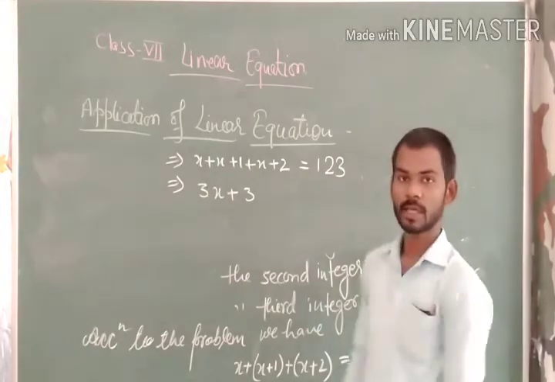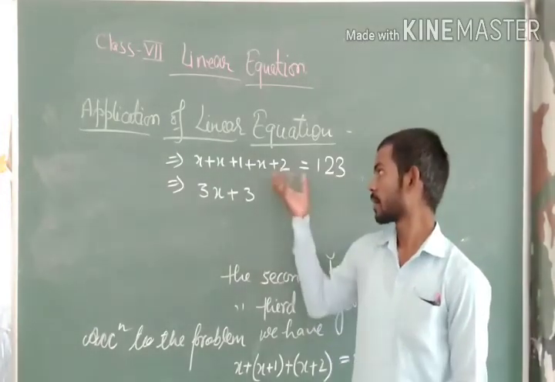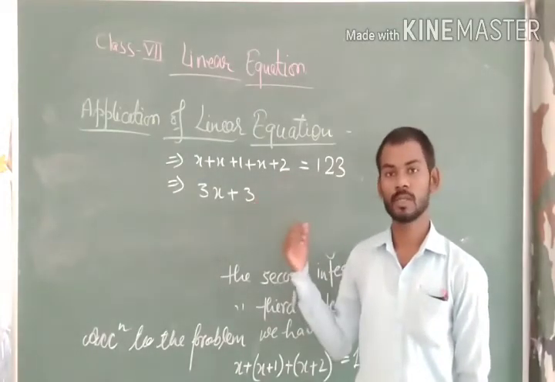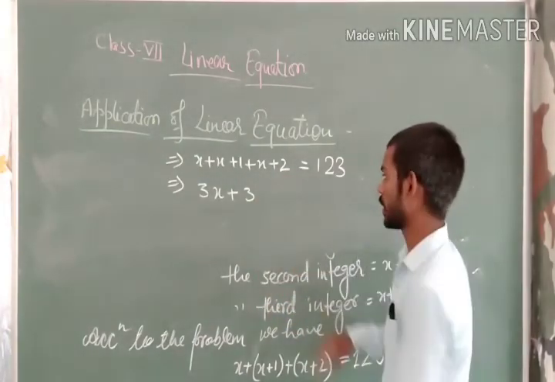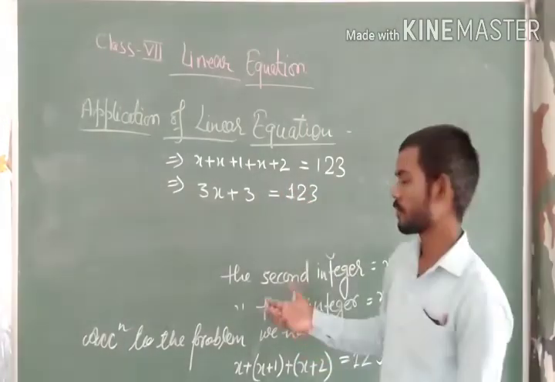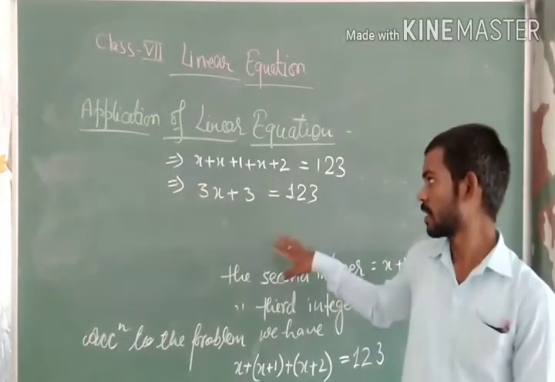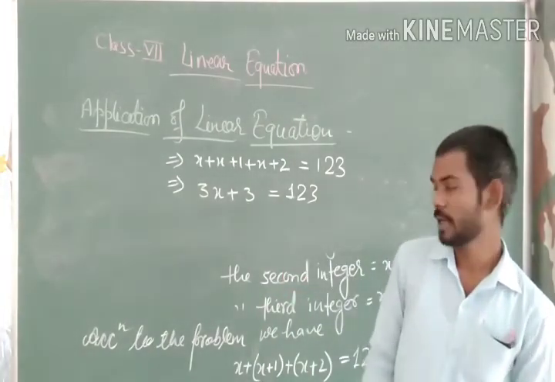We add variable quantity together and constant quantity together, and this is equal to 123. Now we get our required linear equation in one variable.